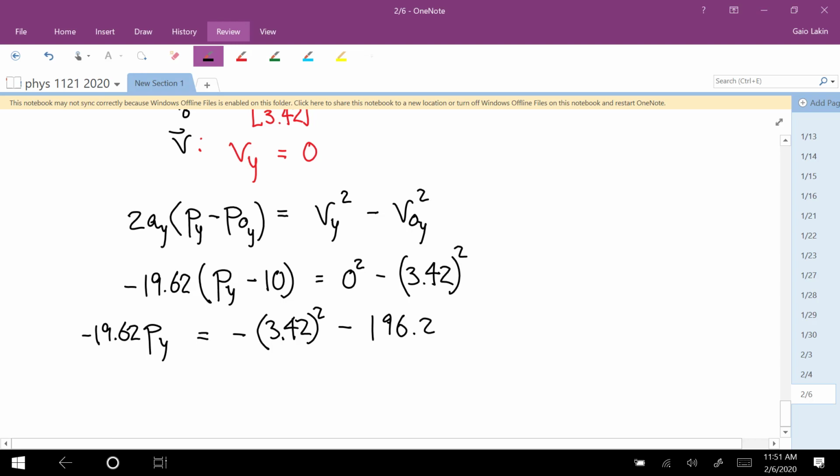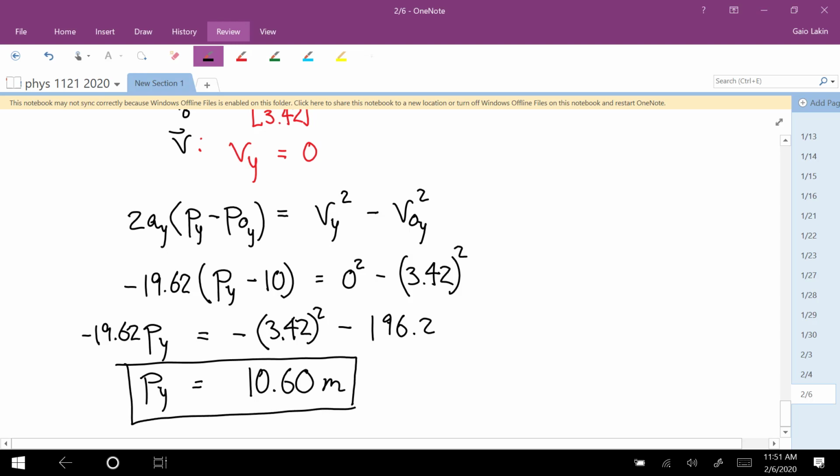Can someone tell me what that right side is, or do that and divide by negative 19.62? Just get that Py. Oh, you get 10.596. I'll call that 10.60 meters.